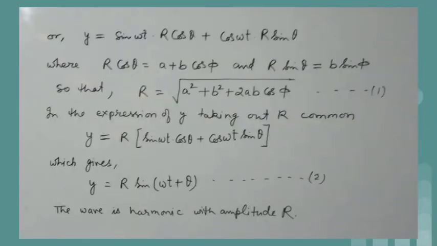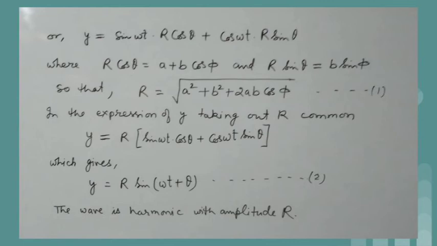which can also be written as y = sin ωt (r cos θ) + cos ωt (r sin θ), where r cos θ = a + b cos φ and r sin θ = b sin φ, so that r = √(a² + b² + 2ab cos φ).